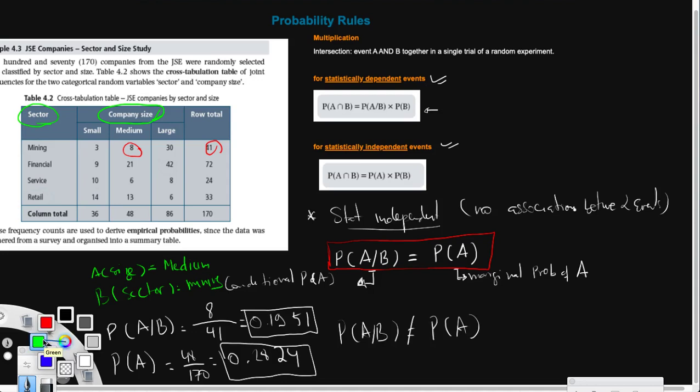What this tells us is that these two are dependent. So this is how you test for dependence, by looking at this formula.